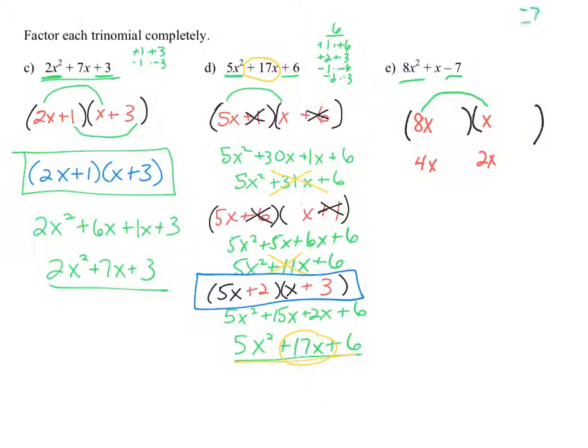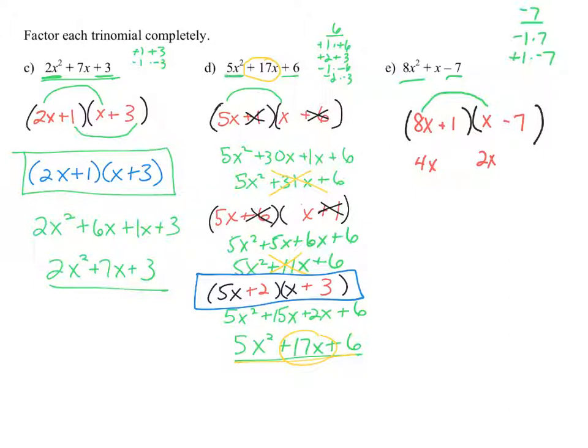The way you get negative 7 is you can multiply a negative 1 times a positive 7, a positive 1 times a negative 7. And you can also have these in any order. So we want to check, let's try a positive 1 here and a negative 7.